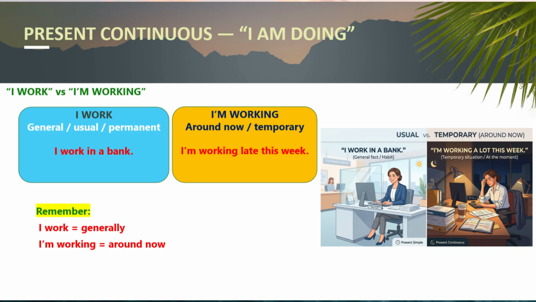I live in Delhi can describe my normal home, but I'm staying with my friend this week describes a temporary situation. Or imagine I normally drink coffee, but today I am drinking tea. I can say, I usually drink coffee, but I'm drinking tea today.